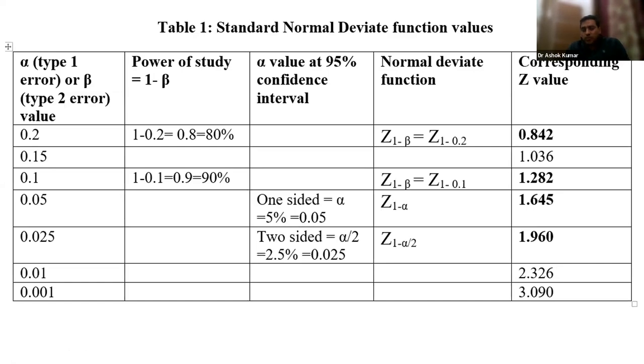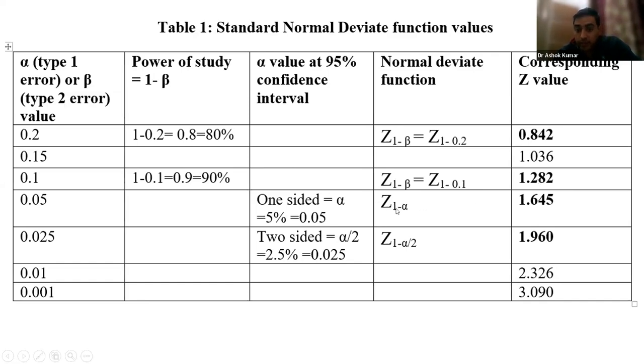So these four things you have to remember. You can write them down in your paper. Again, I will explain. For 80% power, what is Z1 minus beta? It is 0.842. What about 90%? Z1 minus beta is 1.282.